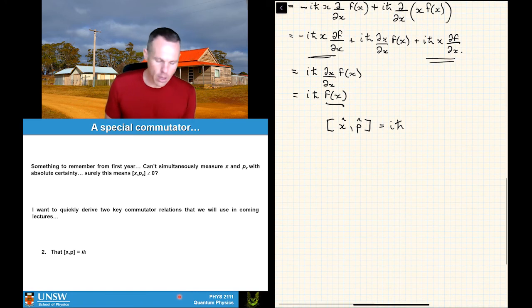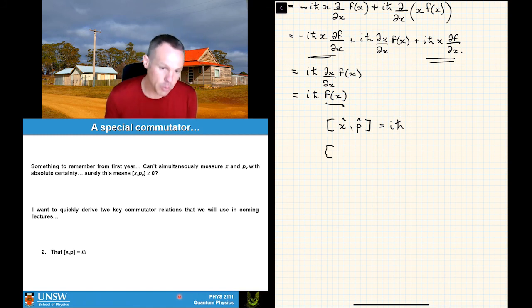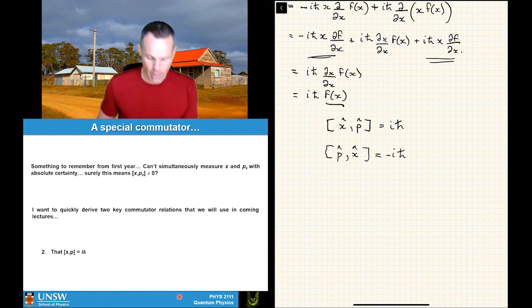And of course, the first relation that we had at the start means that we can automatically write what this would be if we just reverse these two operators, right? So we would know that p comma x would be equal to minus i h bar, okay? I don't have a good mnemonic for remembering which way these two are around.